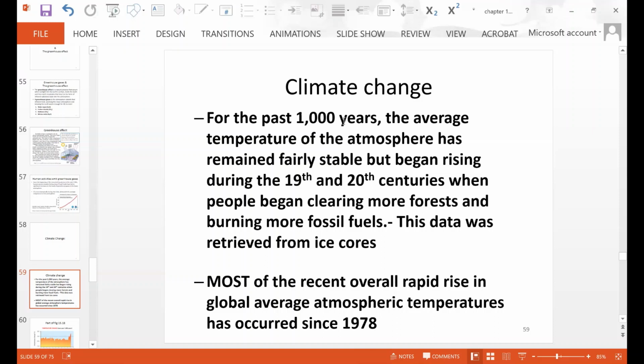The ancient air gives you information about the temperature and various other information, including carbon dioxide levels from ancient times. Most of the recent overall rapid rise in global average atmospheric temperatures has occurred since 1978.